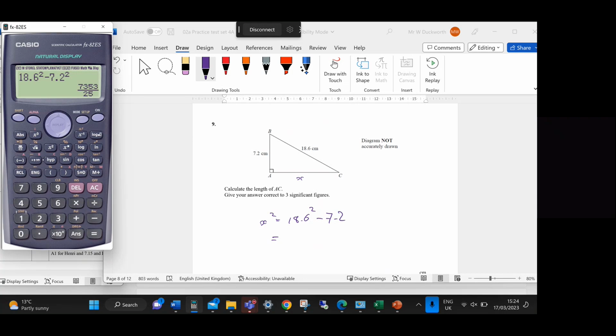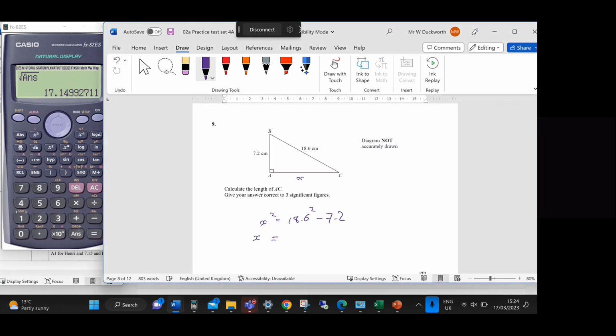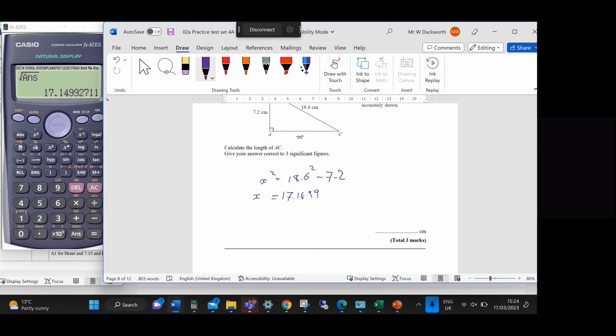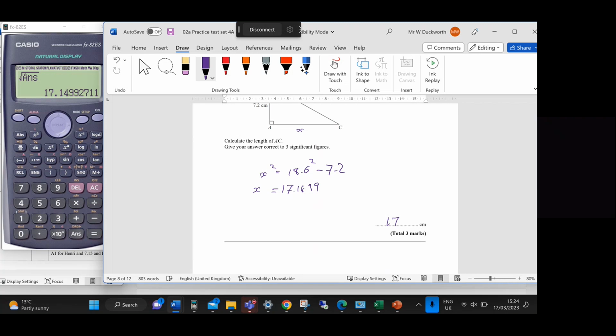Then I'm going to square root my answer. Square root the answer as a decimal would give me x is going to be equal to 17.1499. So to three significant figures, keep missing off my nines, that's going to be 17.1.